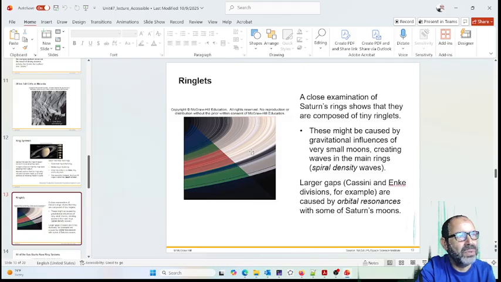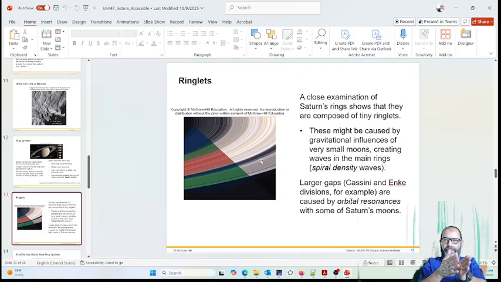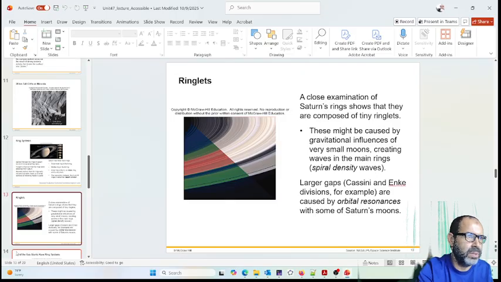The leading hypothesis, which you can also observe, is that you have tiny moons here, and these moons cause circular waves, and those circular waves are the disturbances you're looking at.